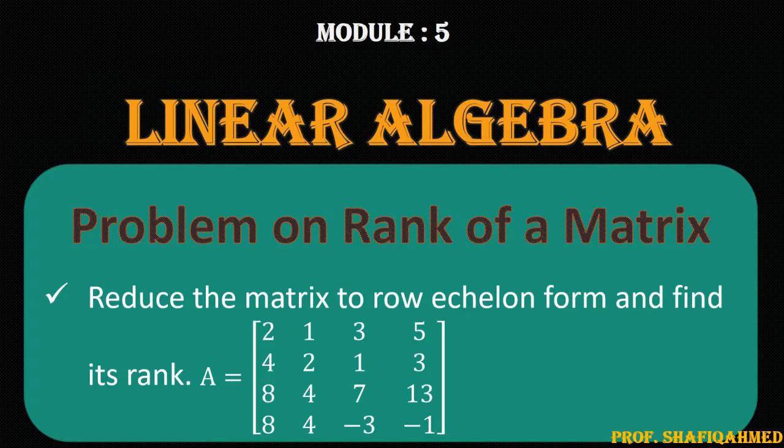The given matrix is 2, 1, 3, 5, 4, 2, 1, 3, 8, 4, 7, 13, 8, 4, minus 3, minus 1. Solution of this problem we will see now.